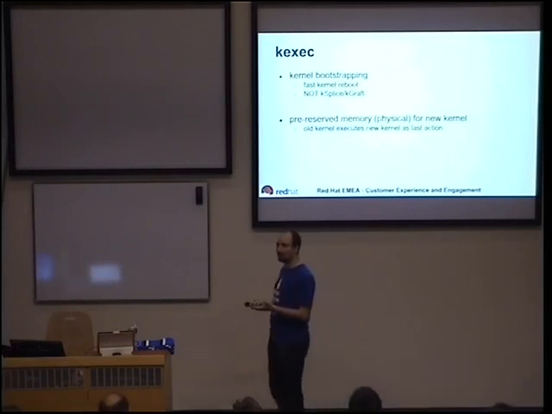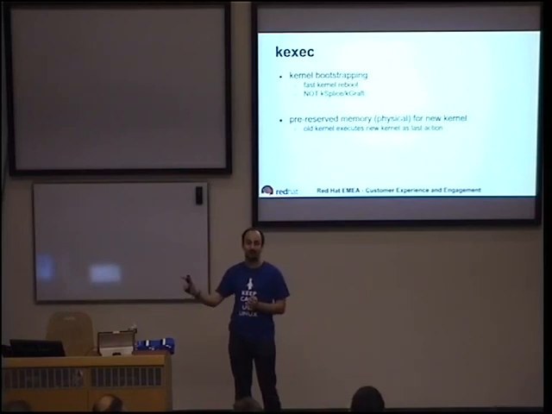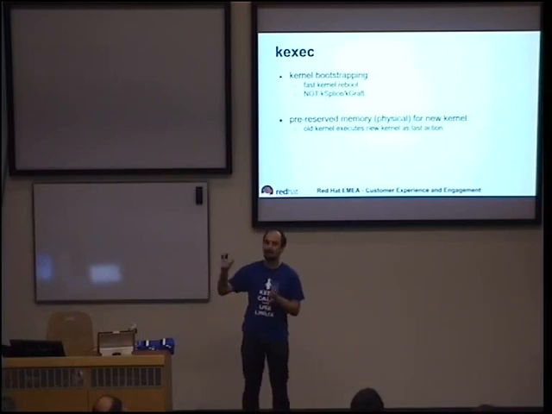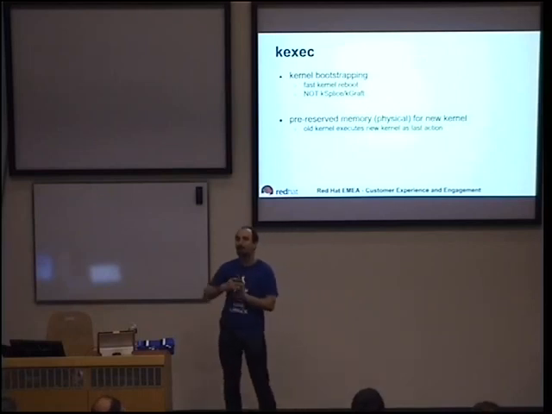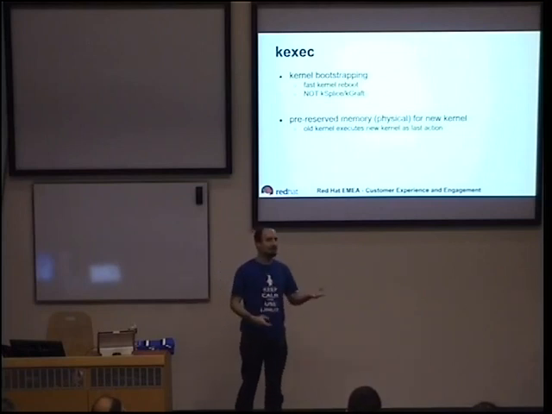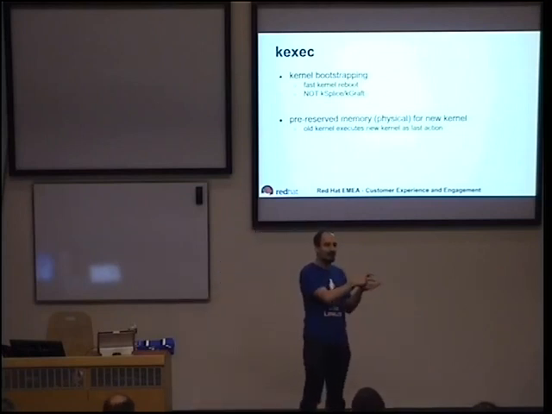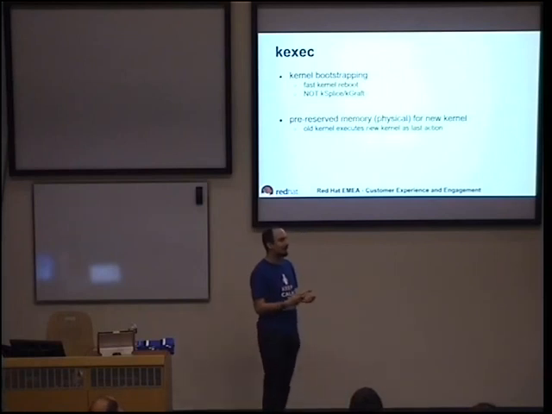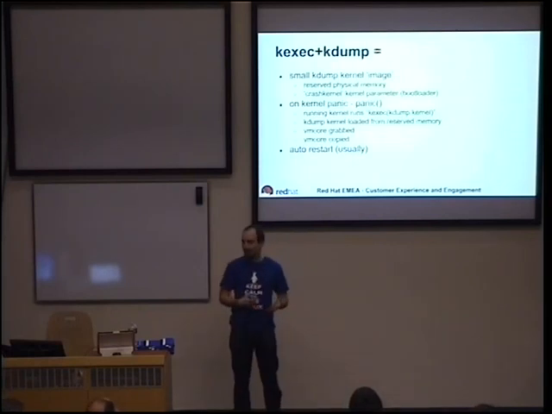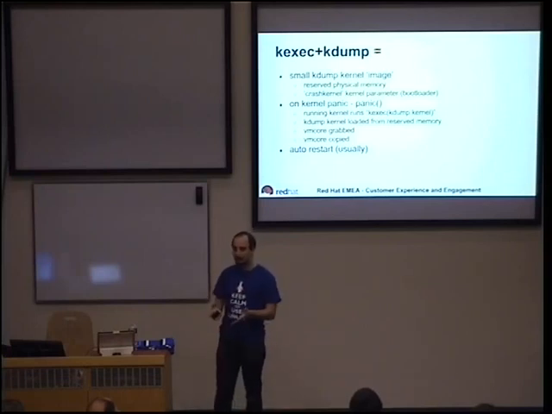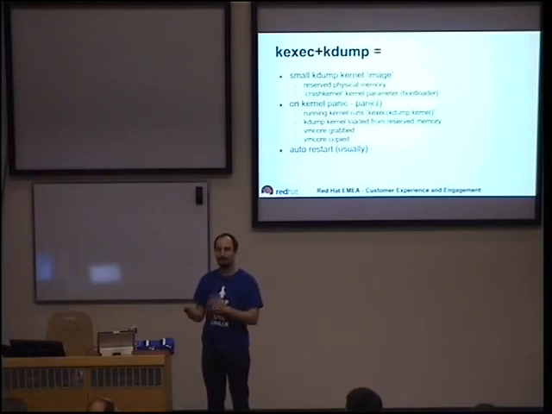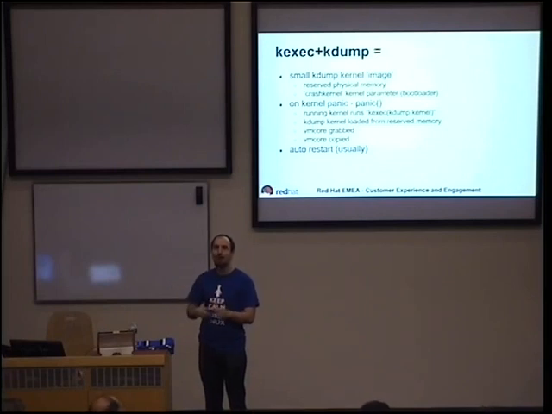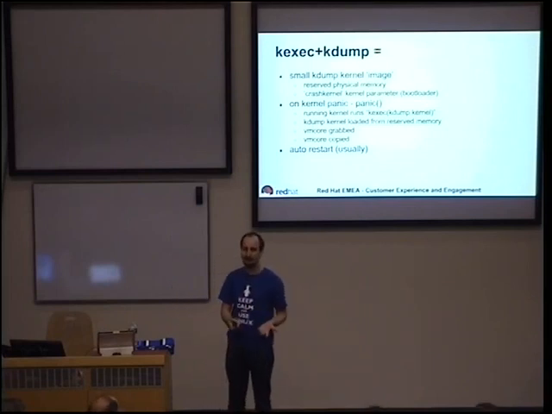So I'm going to pre-allocate at boot time, when the kernel loads, I will tell the kernel to always reserve a certain portion of the RAM to be used by nothing else, and something in the future will populate that piece of physical memory with a binary image, which Kexec will be able to execute when it needs to.